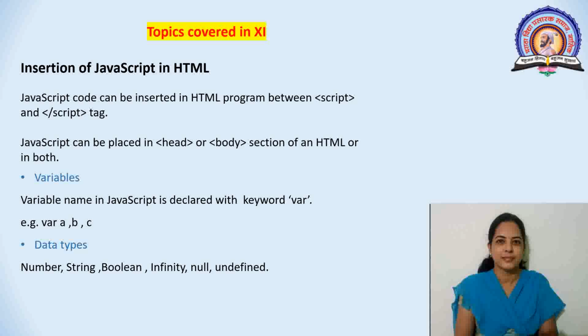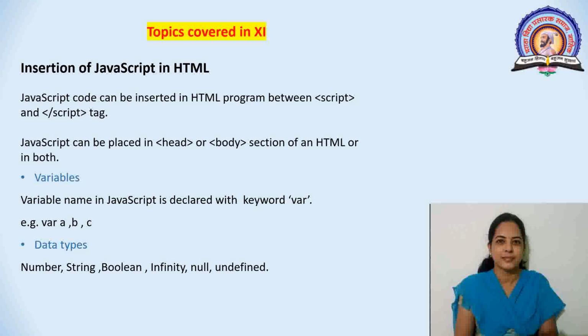Then it can contain alphabets, digits, underscore or dollar character, but it cannot contain blank space or other special symbols. Also, variable name cannot be a keyword like document or while, and the maximum length of a variable is 255 characters.